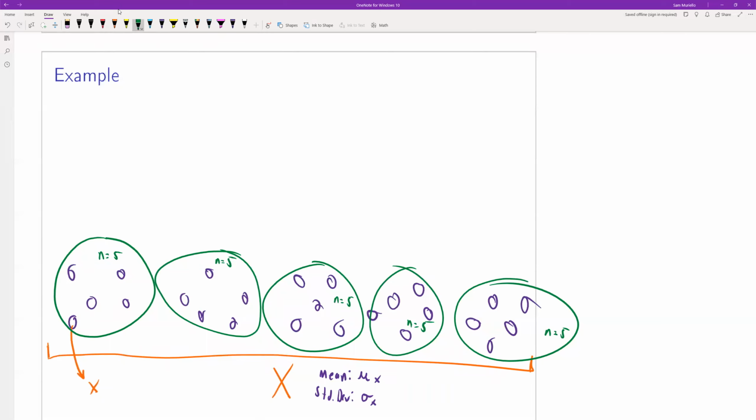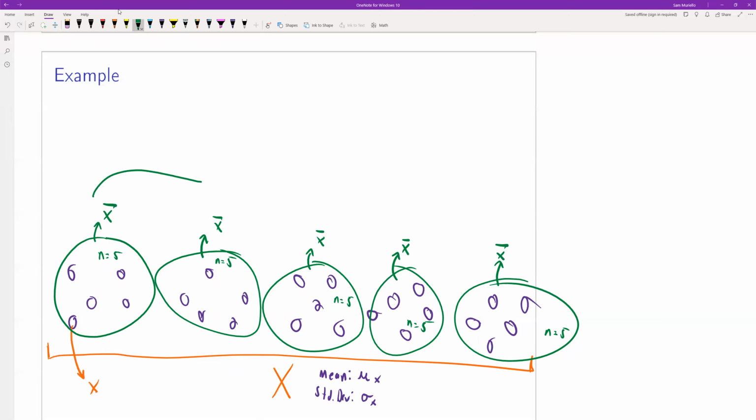For each of these individual samples, we would calculate the mean of the sample, which we would call x with a bar over it. Each of these individual samples has a sample mean.